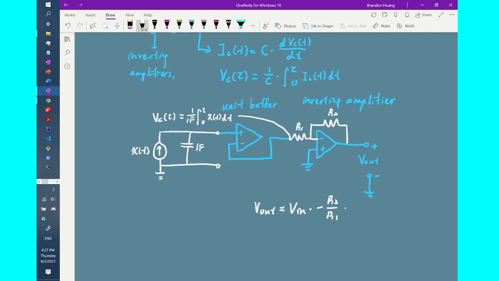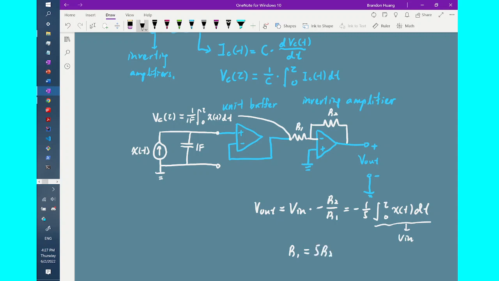And this should be also equal to negative 1/5 times the integral from 0 to tau of x of t dt, and that happens to directly be Vin due to our capacitor circuit's work. So therefore, we'll actually need that R1 is equal to 5R2.